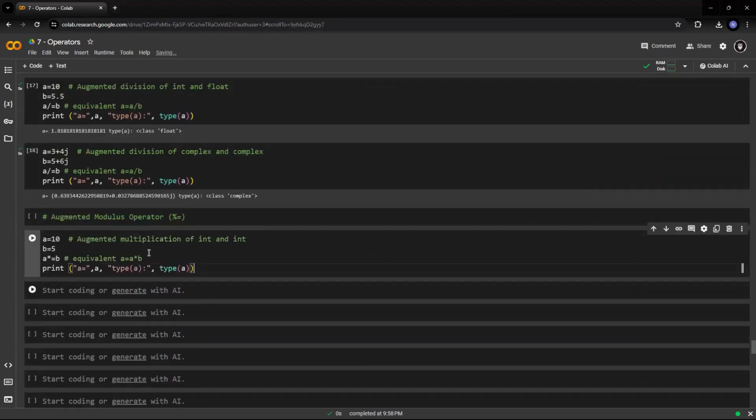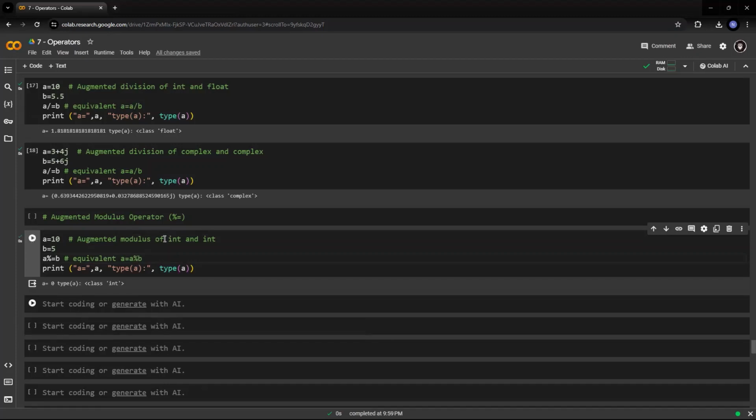Again, we are using the same way as we used for multiplication. Let's see what is the answer. This is for the augmented modulus operator. So it's an int, because 5 divided by 5, 2 times is 10, 10 minus 10 is 0. So you get the remainder as 0.